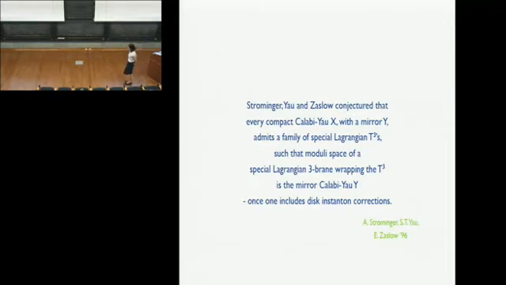Strominger, Yau, and Zaslow conjectured that for every compact Calabi-Yau manifold, X, with a mirror Y, every compact Calabi-Yau manifold admits a family of special Lagrangian T3s, such that the moduli space of a brane wrapping the T3 in X is the same as the mirror Y. However, once one includes disk instanton corrections.